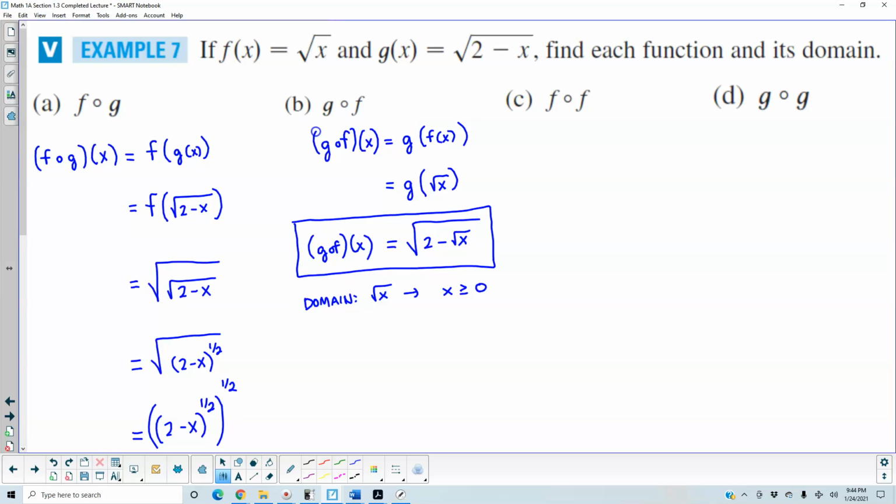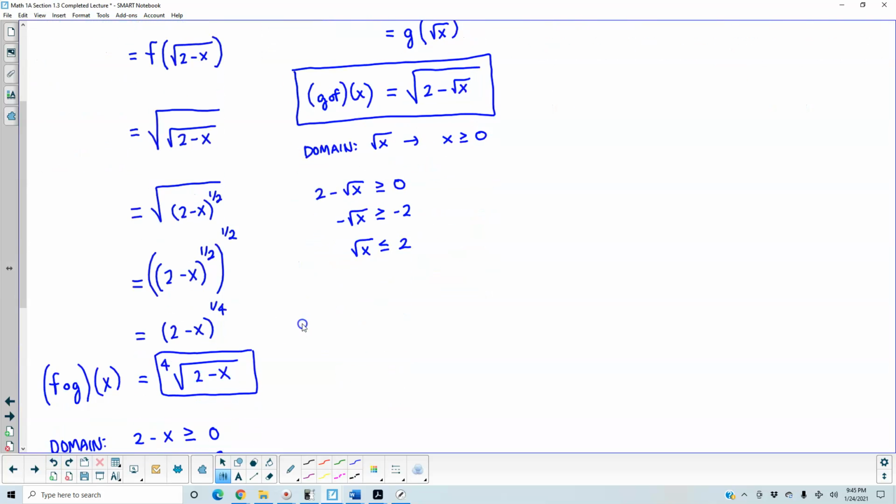And what else do we know? We need to look at what's inside the radical. We also need to consider that 2 minus the square root of x has to be greater than or equal to 0. And we need to solve that. So we're going to subtract 2 from both sides, divide by negative 1 to flip the inequality, and then square both sides to get x less than or equal to 4.